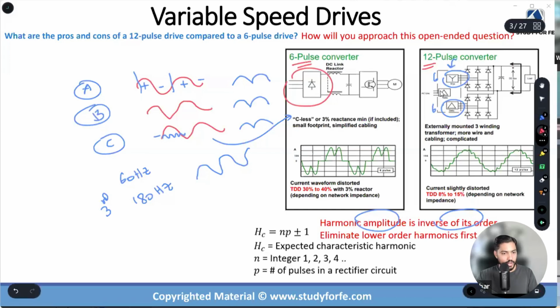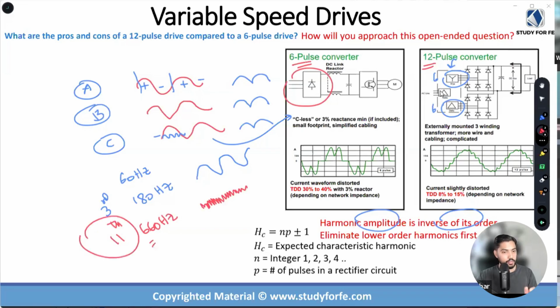Now, if I have an 11th order harmonic, which will be 60 multiplied by 11, that is going to be 660 hertz, correct? First of all, the frequency is going to be like this. The order is basically the multiple of the fundamental. The more important thing to remember is that the amplitude of higher order harmonics is much, much less as compared to that of the lower order harmonics. Now, why does it make any difference?